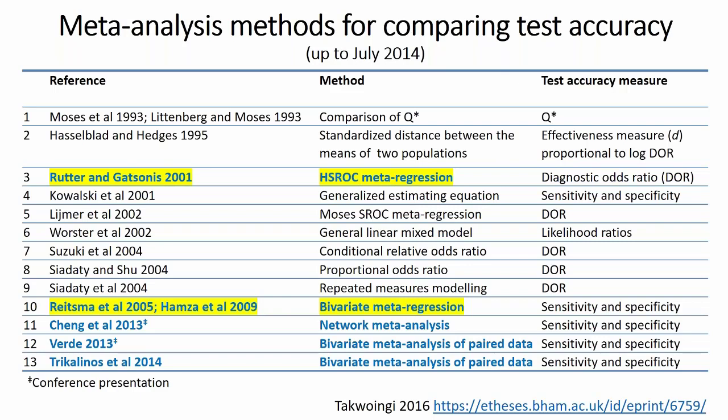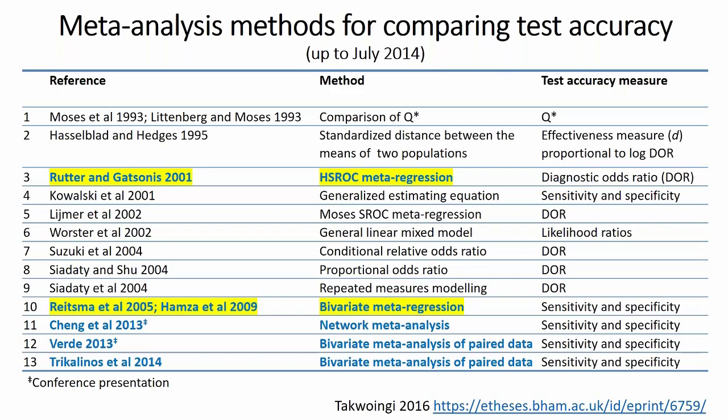So hierarchical summary ROC meta-regression and bivariate meta-regression. The other three methods at the bottom of the list, the Cheng 2013 and Verdi 2013, they were conference presentations. And Cheng, that's probably the first mention of a network meta-analysis of DTA studies.